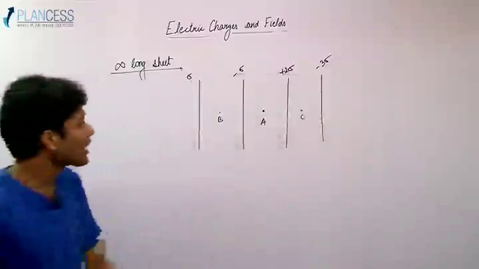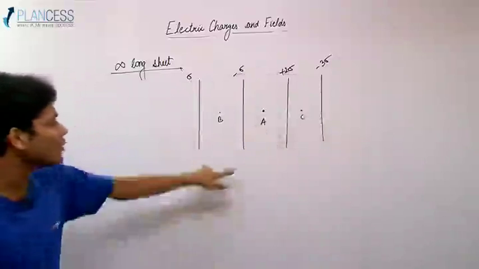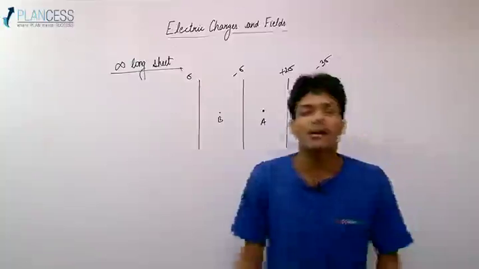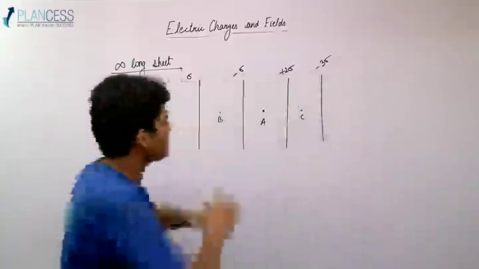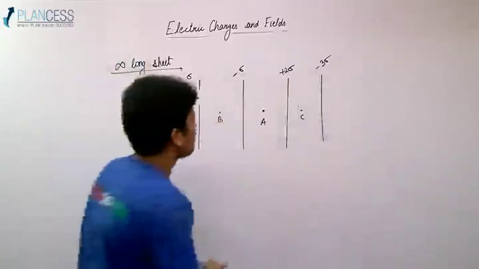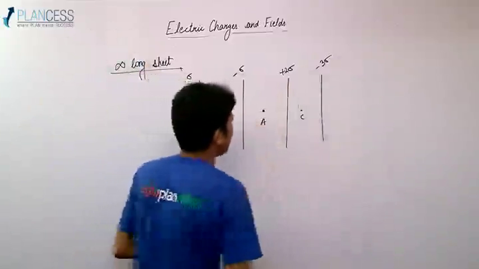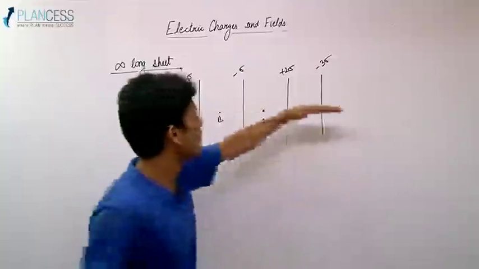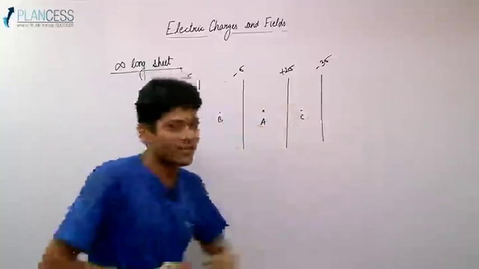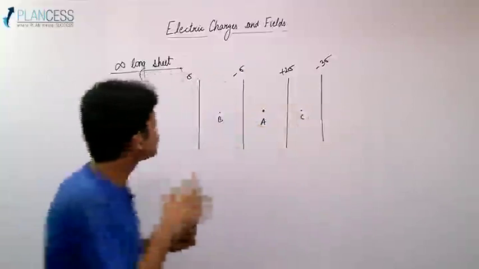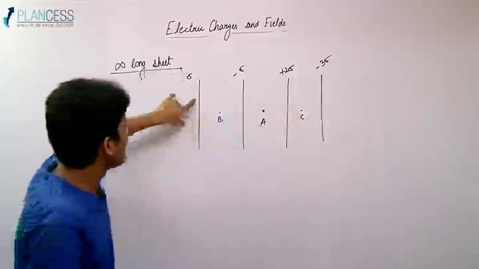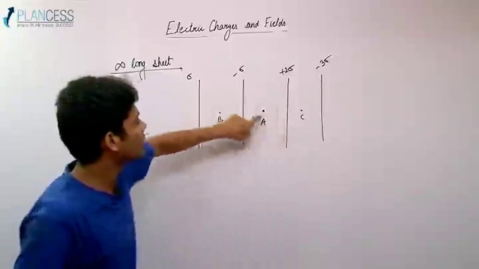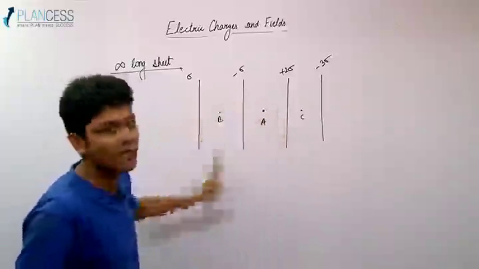For calculating the electric field at point A, we calculate the electric field by all these 4 sheets by the principle of superposition and add them vectorially. We know that since these sheets are infinitely large, the electric field at this point would always be in this direction only, that is, along the x-axis. The electric field by this plate would be sigma by 2 epsilon naught in this direction, and by this plate sigma by 2 epsilon naught in the opposite direction, so they will cancel out.